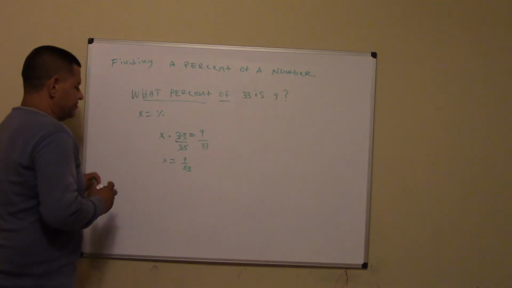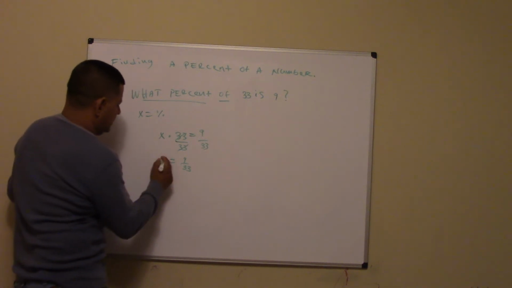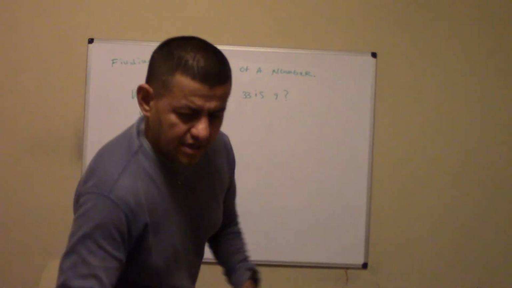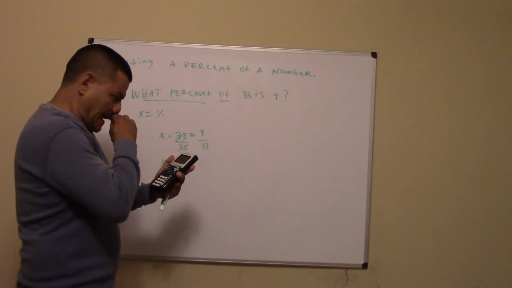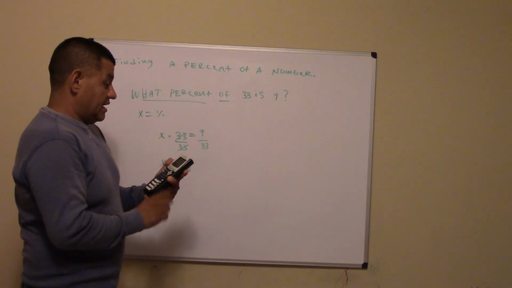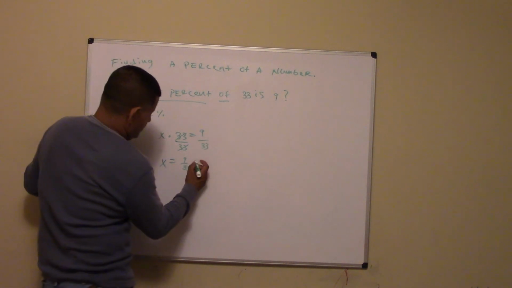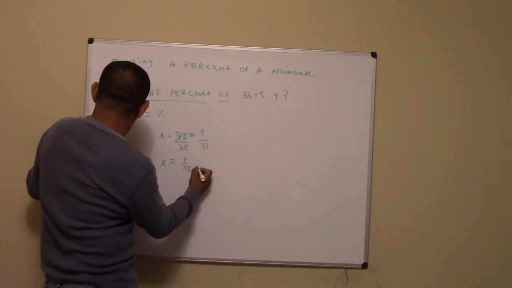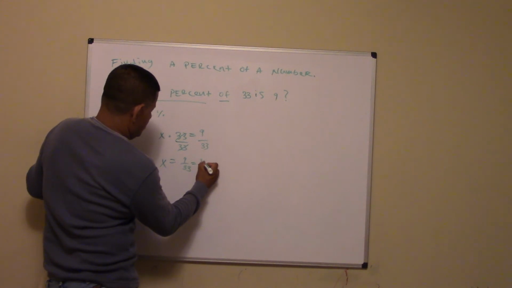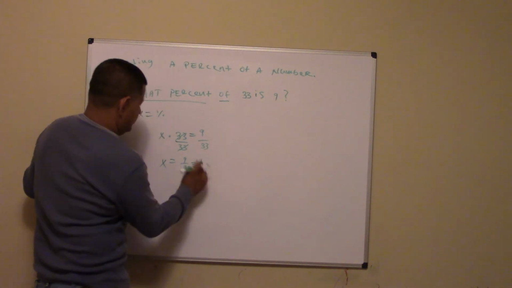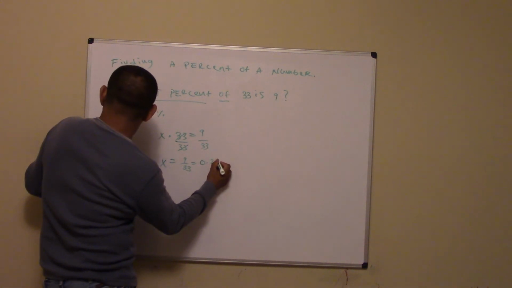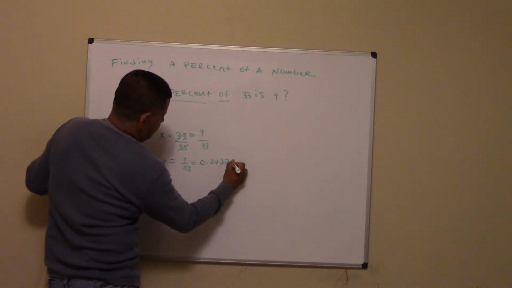Okay, let's do that quickly, because I don't think I've got a lot of time. So I get 9 divided by 33, which is equal to 0.27, 27, and 27.